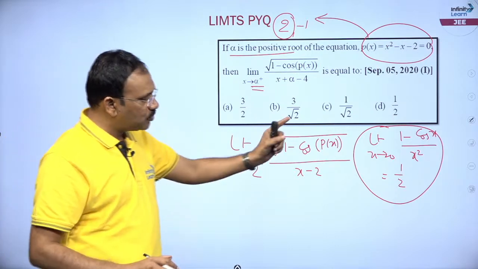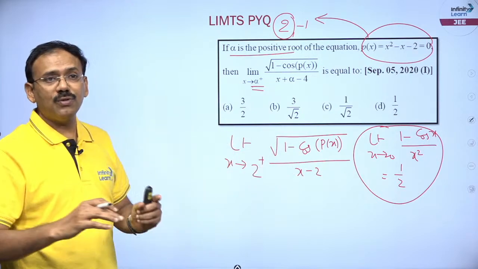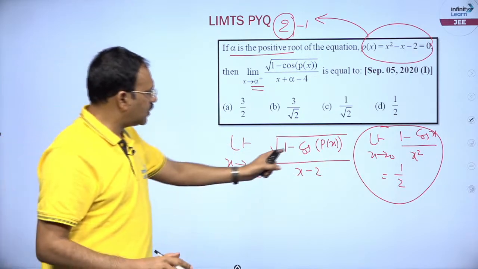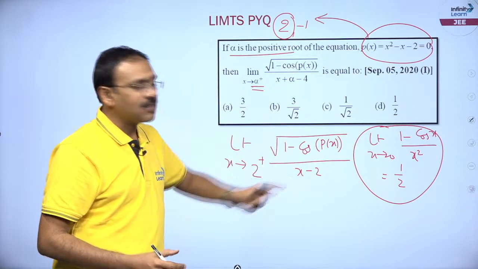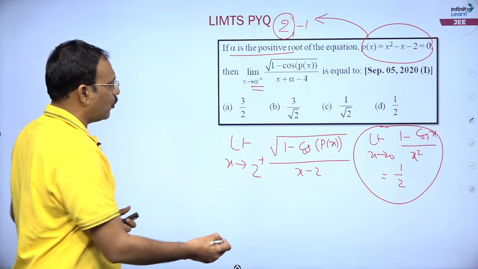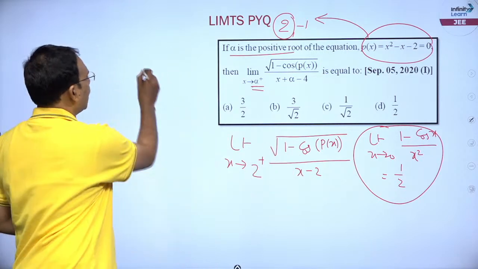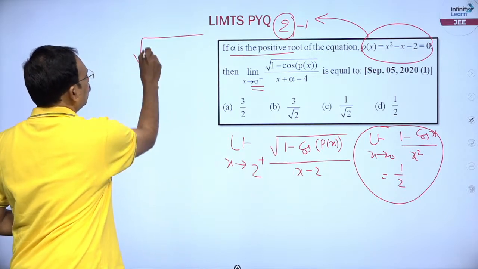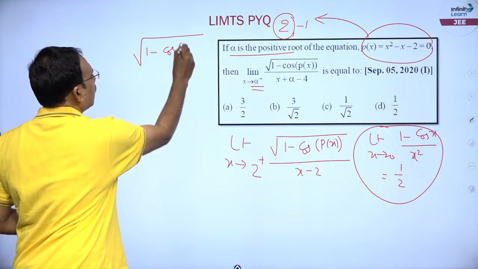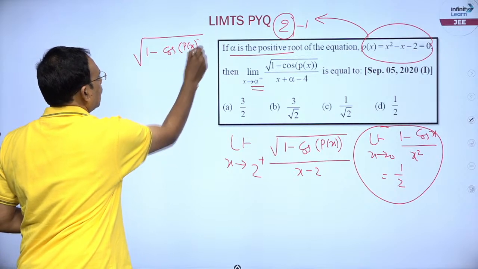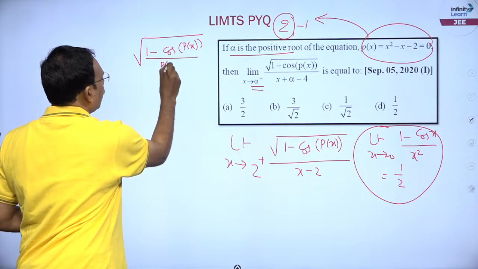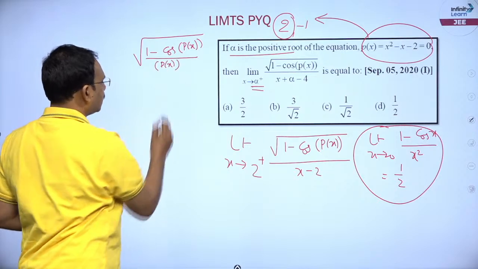I am going to use this result in this problem to close as early as possible. You see, root of 1 minus cos p x is there. What I am going to do is, within the square root, I write root of 1 minus cos of p of x, divided by p of x whole square.